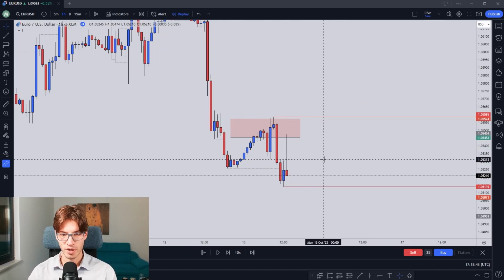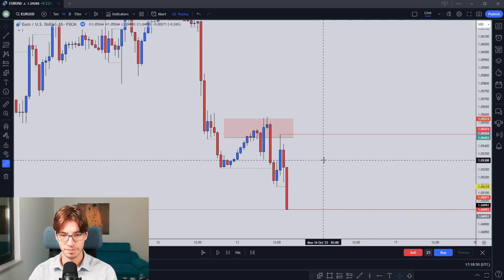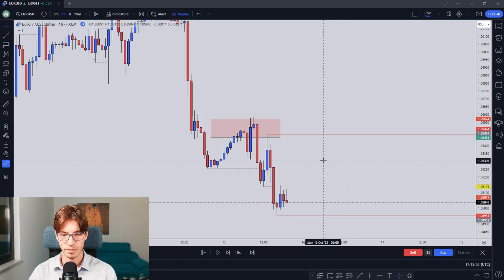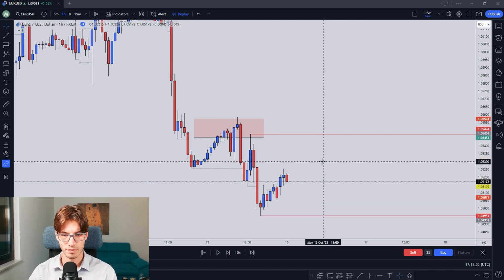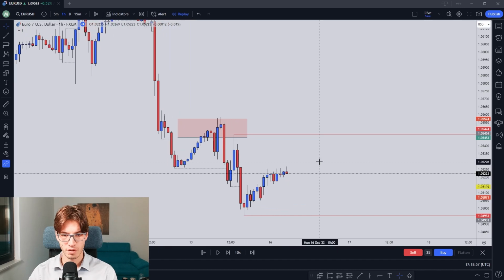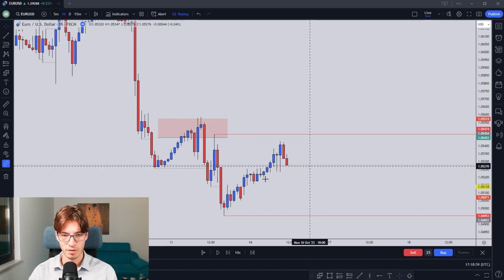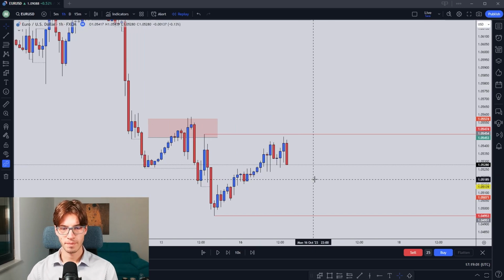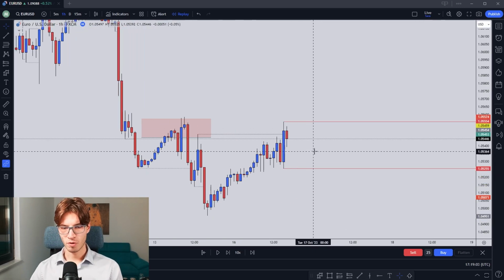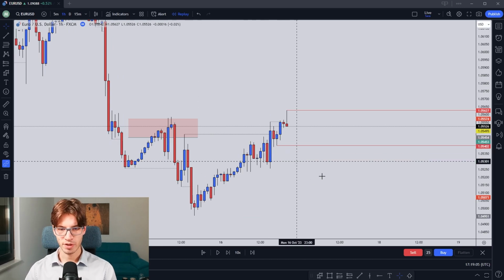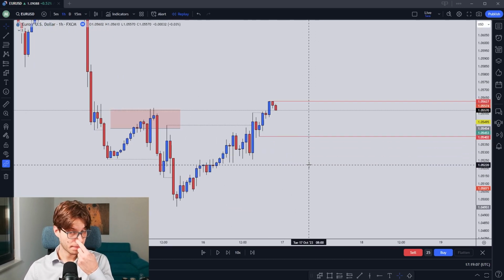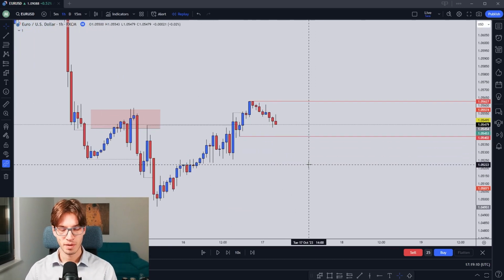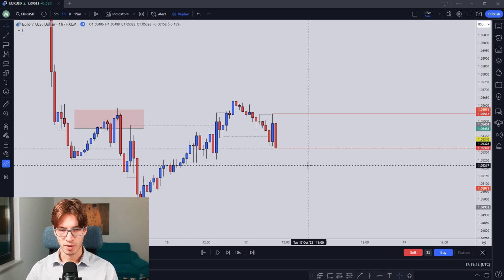Okay, price is continuing down a little bit. Ranging around here. Broke the high, but I see no potential. I'm not looking for any sort of a setup. Okay, broke the low, just flat.